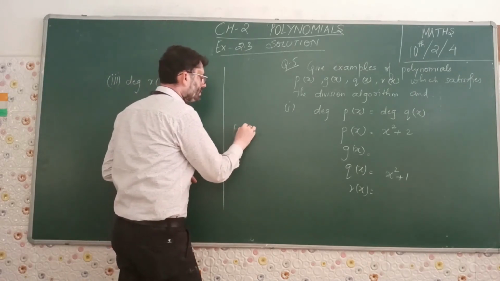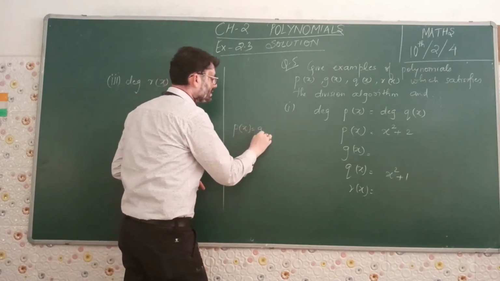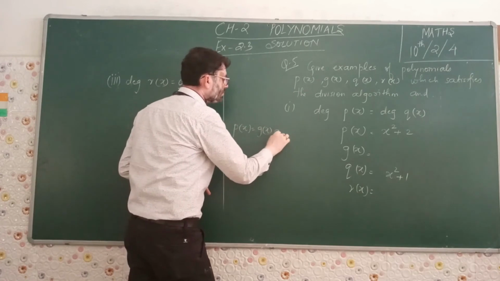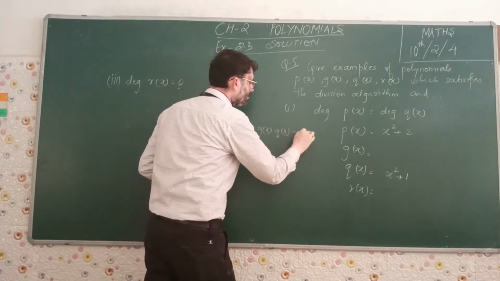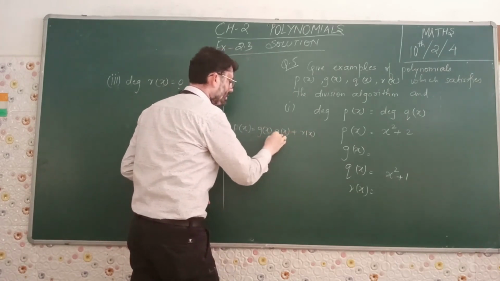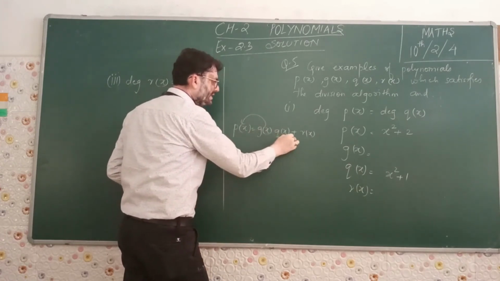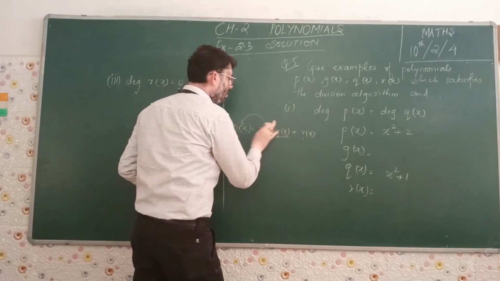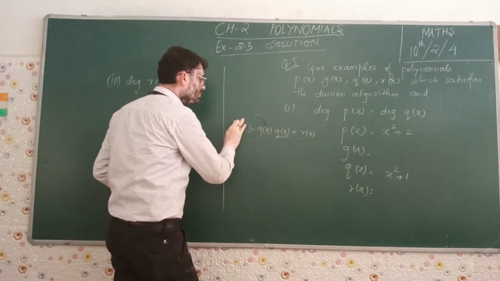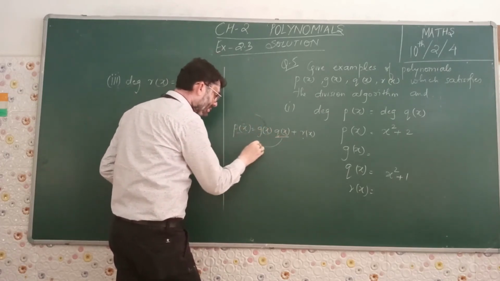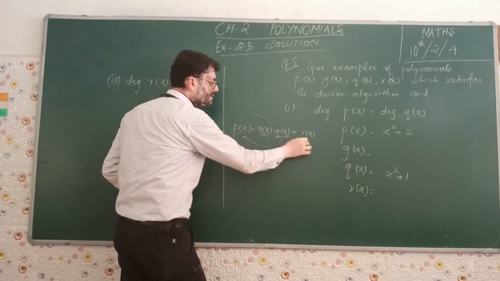Our division algorithm is p of x is equals to g of x into q of x plus r of x. Here this divides this, so we get this and this. Or we can also say this way also, that p of x is divided by this, we get this and this.